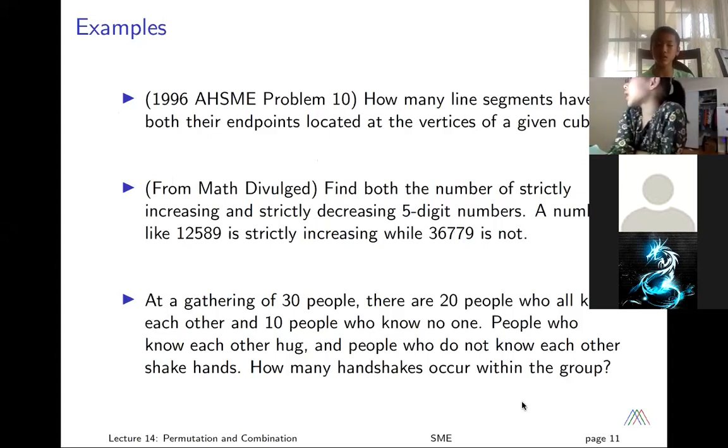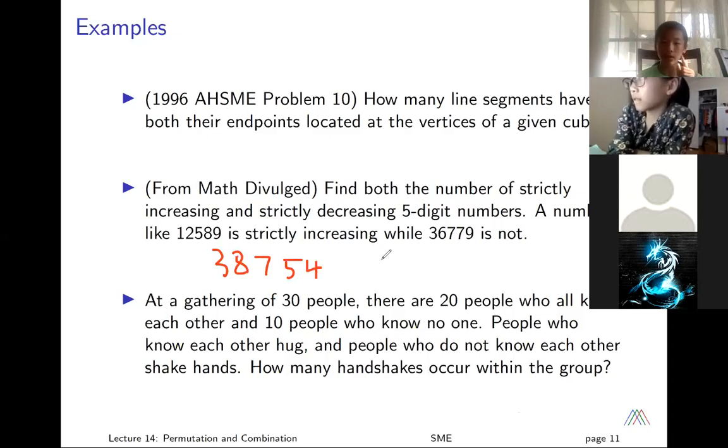Something we have to notice here is that given 5 distinct digits, let's say 38754, there's exactly one way to order these such that you get a strictly increasing integer.